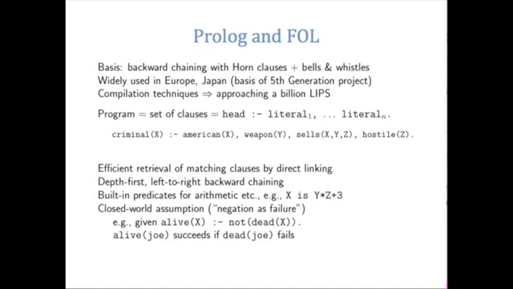It uses depth first, left to right backward chaining. It's got built-in predicates for arithmetic, as we've seen. So we know to use is for arithmetic rather than equals, which is a test. And it uses something called the closed world assumption. That is, it means if we can't prove it, then we believe it's false.